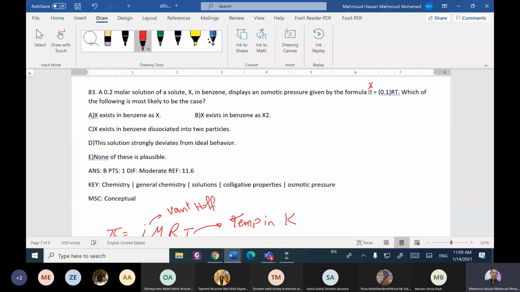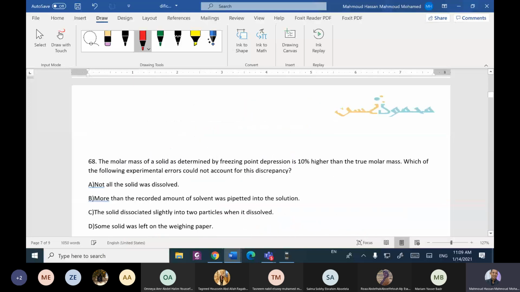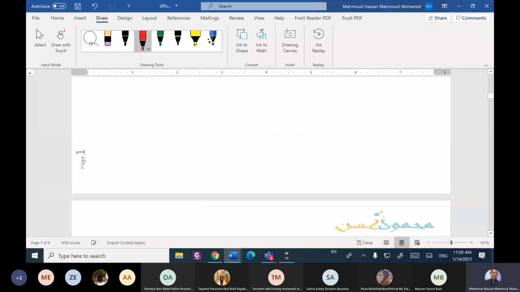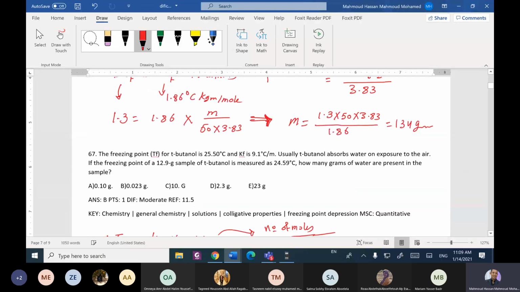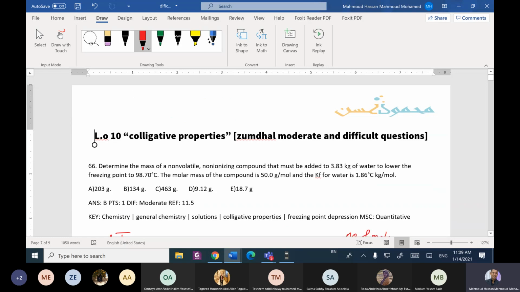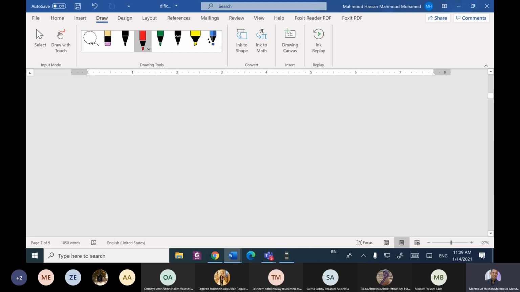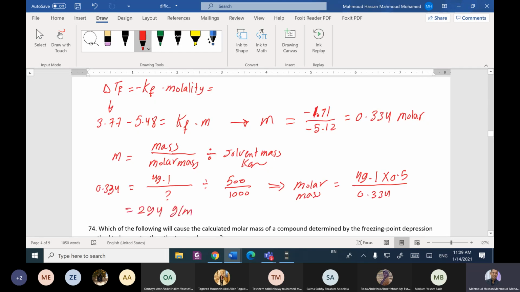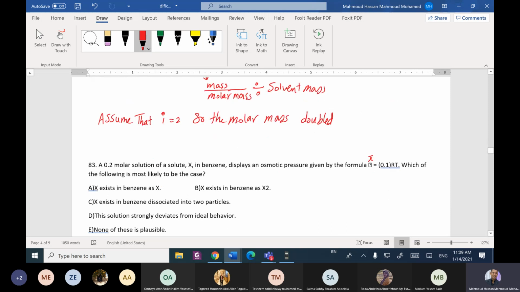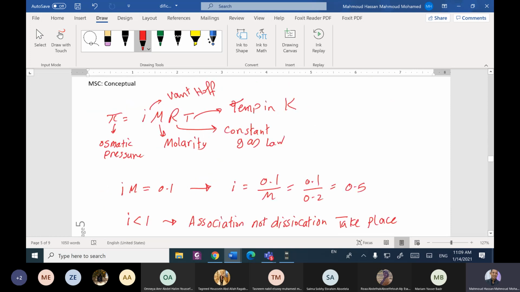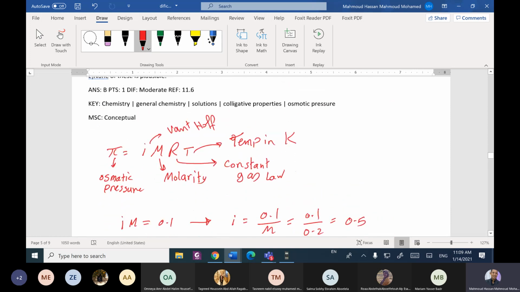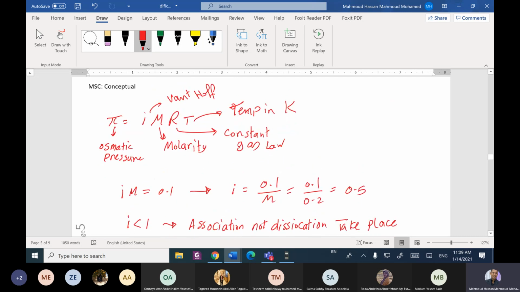Okay, firstly, we return back to the osmotic pressure. If we return to pi equals i times molarity times R times T, we'll find the iM in this case represents 0.1.